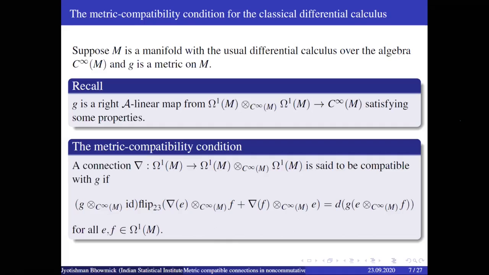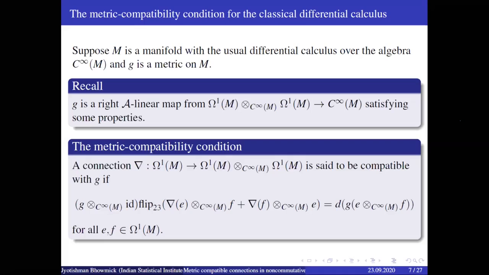So there are two flips appearing in this definition, and as we saw in the last slide, the flip map is not usually well defined if the bimodule is over a non-commutative ring. So for the major part of the talk, we will try to generalize this equation.